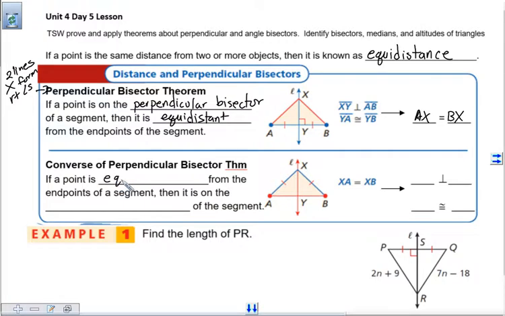You know that the converse of this is true as well. So if you have a point on a line and it is equidistant from two endpoints of a segment, then you know that that line is a perpendicular bisector for the segment.